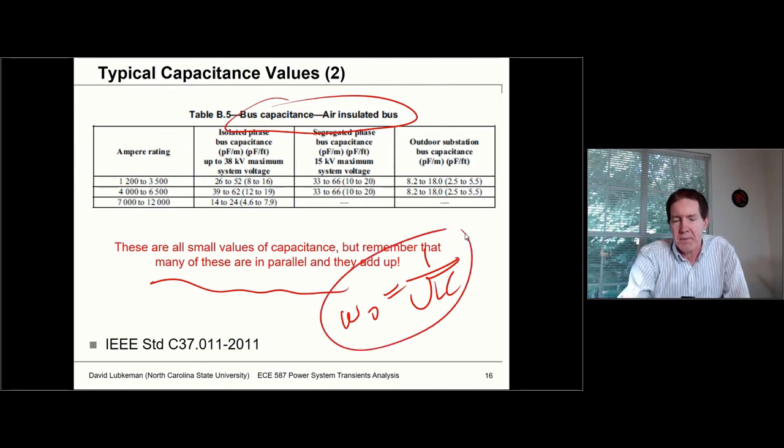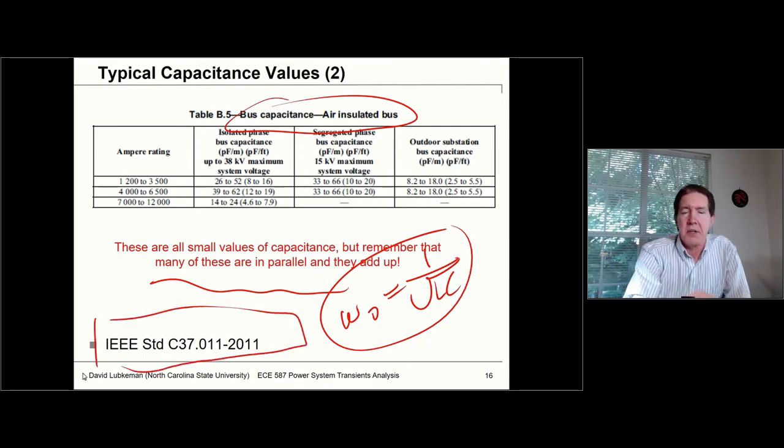But anyway, don't worry about having to go to tables and get these particular values here, but just realize that there actually are calculation guides like the C37 standard, and I think they actually do in there walk through some examples of how you get all these different numbers for some practical cases.